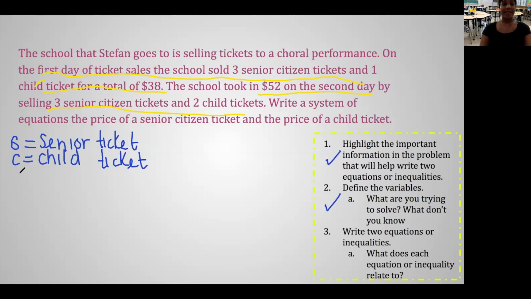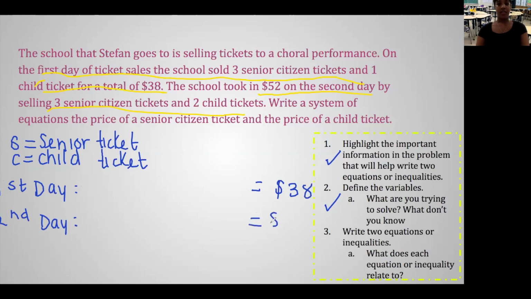So now we need to figure out how to relate these equations. One equation is talking about the first day, and the second equation is talking about the second day. So on the first day, they sold a total of $38. And on the second day, they sold a total of $52.